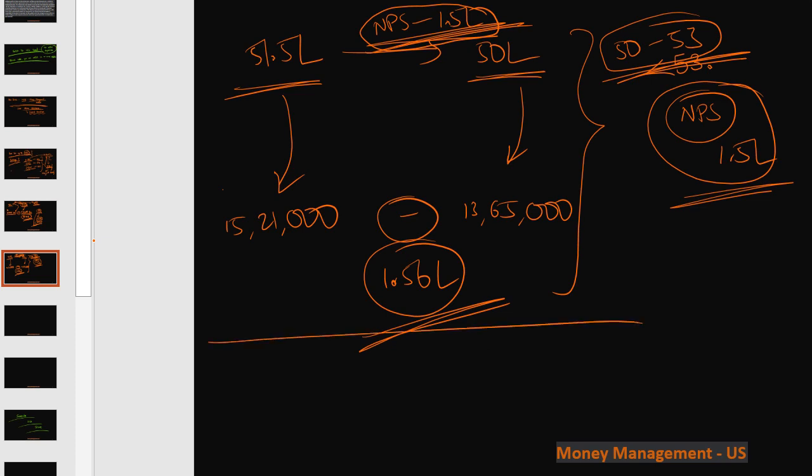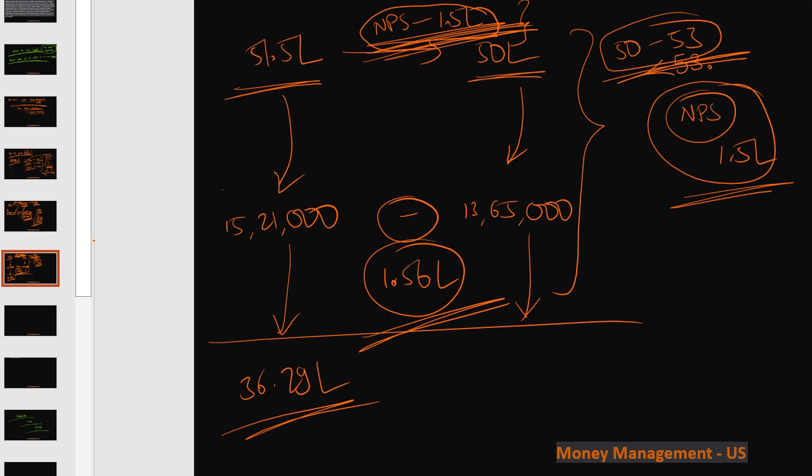So I hope you got this benefit. What I would say is, let me calculate the earned salary here. Quickly, 51.5 minus 15.21, so it comes to around 36.29 lakhs. This much is your earned salary. Here, you might think that if I put 1.5 lakh in NPS, I might reduce my earned salary, but I don't think so, because you're getting 1.56 lakh as a benefit.